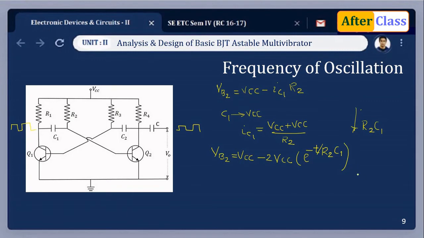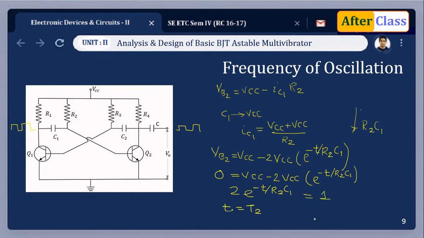Now practically speaking, it has to be 0.7 for silicon and 0.3 for germanium, which is very small as compared to VCC. So we can write 0 equals VCC minus twice VCC, and this term e raised to minus t upon R2 C1 can be written as 2 e raised to minus t by R2 C1 equals 1.